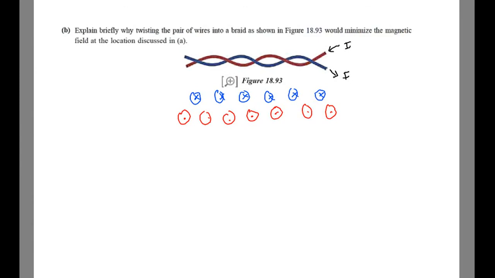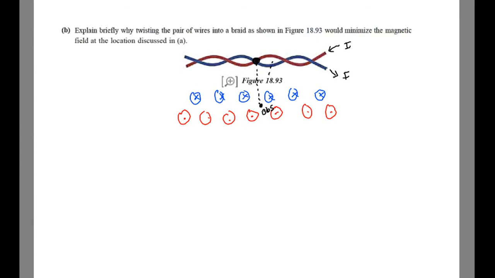Since we know the directions of the B fields, let's look at the magnitudes. If we look at this as the observation location, we can see that the two B fields will cancel out due to the wires at this location.